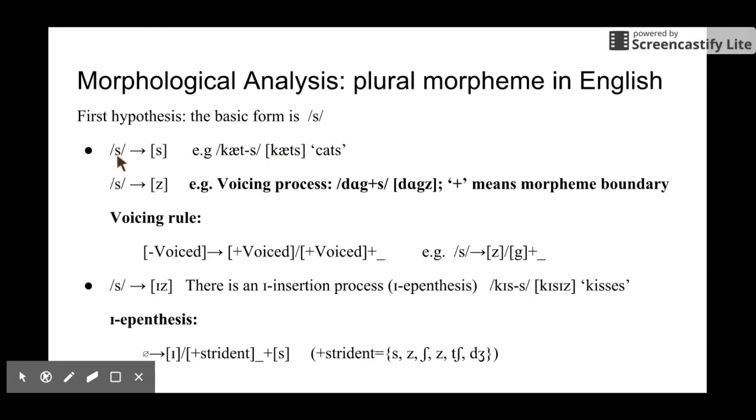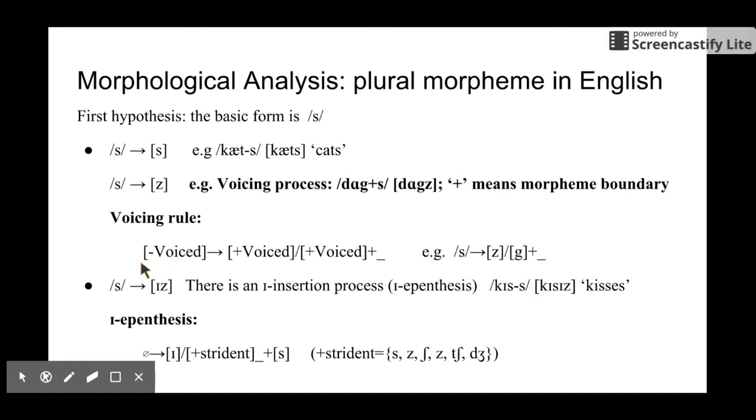There is no alternation, no changes. And how do we account for this alternation as in dogs? We get z, right? To account for this, we have to have a voicing rule, which changes a voiceless sound into a voiced sound.